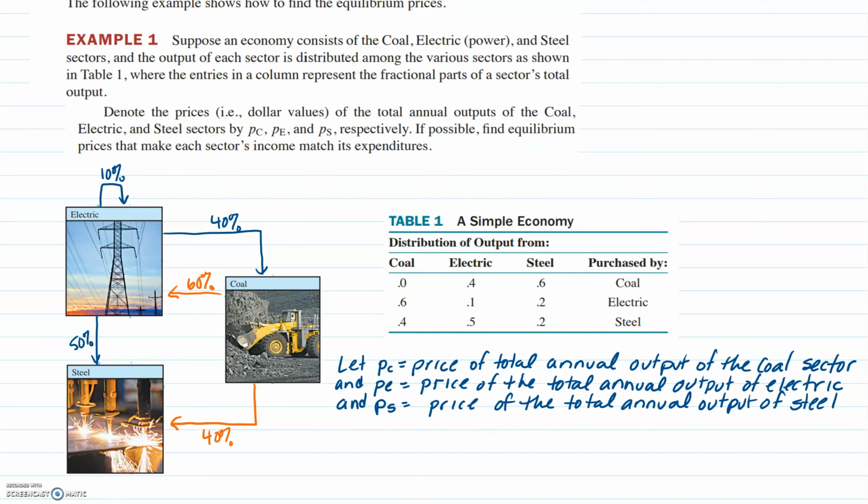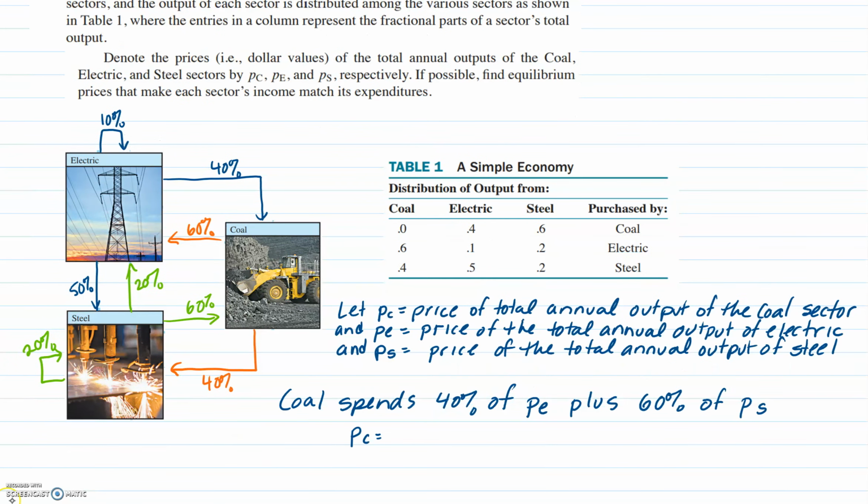And finally, steel: 60% goes to coal, 20% to electric, and it retains steel to steel, 20%. So this is what this means. You can see that at the end, we want an equilibrium price, what makes this all flow in a nice continual way.